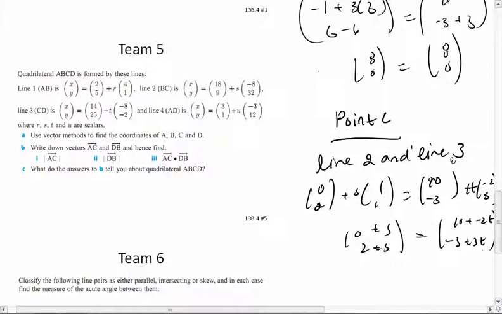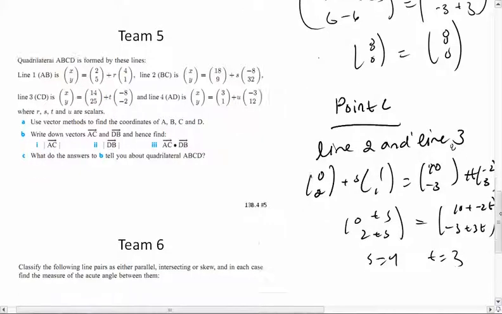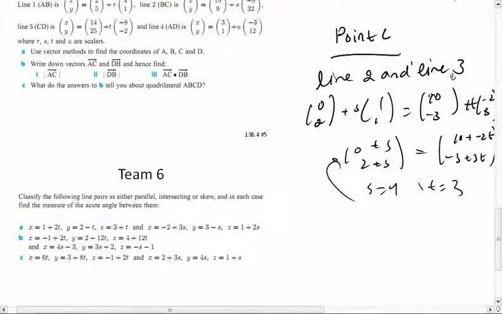It's the same process, and we know that S equals 4 and T equals 3 from part A, and you plug them in, and from doing this we got 4, 6 and 4, 6. Sorry, it should be 4, 6.